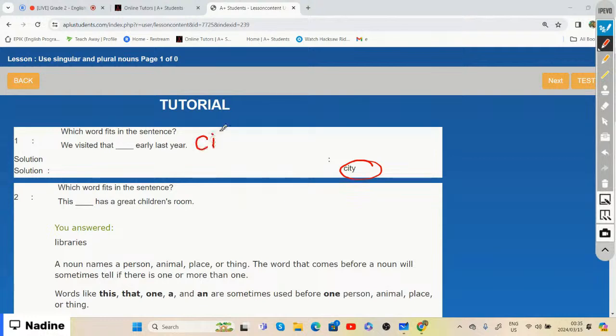But if we refer to more than one, we can say the cities.